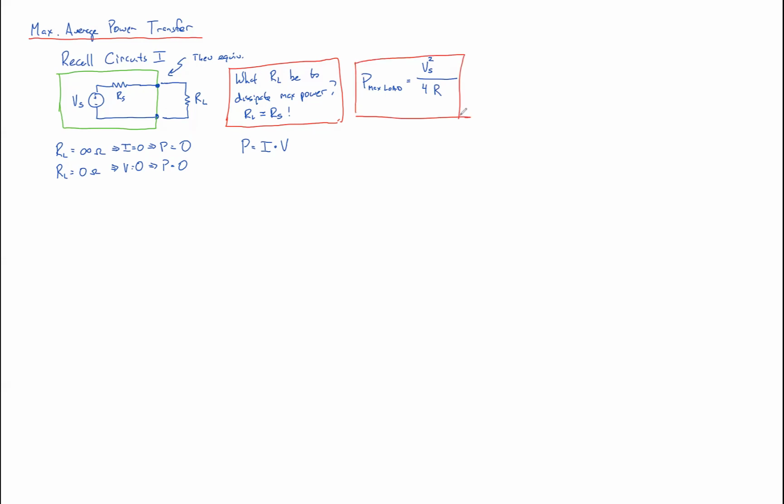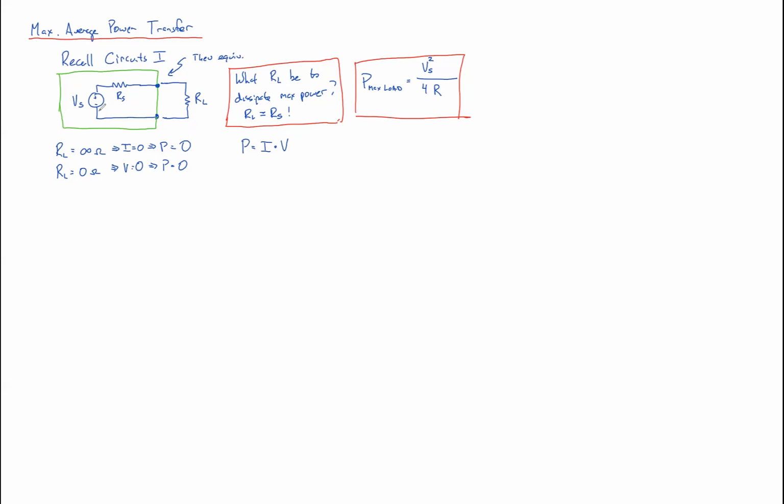Now, the big question we're asking is, what should RL be to dissipate the maximum power in the load? If we were interested in what RL would have to be to cause the generator, V sub S, to generate the most power, it would always be a short, because then we'd have the maximum current flowing, and we'd still have V sub S across our voltage source.